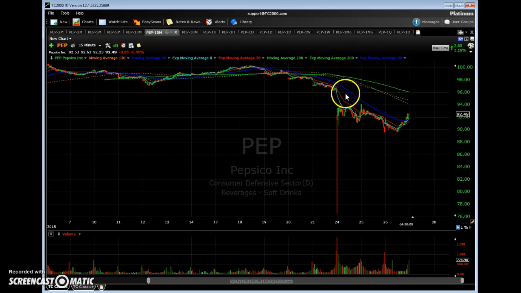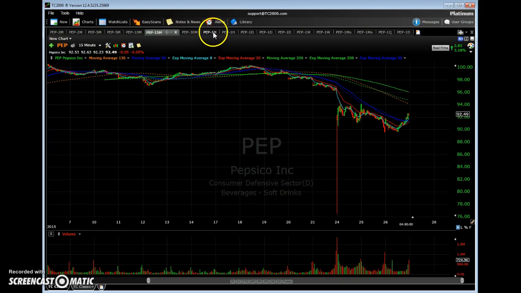The 50 EMA is the dark blue dotted line, the 50 SMA is the solid blue line, the green dotted line is the EMA 200, the green solid is the SMA, and like I said, in orange is the 130, the blue line is the 8 EMA, and then I have the 20 EMA on this chart, and this is just market hour charts again.